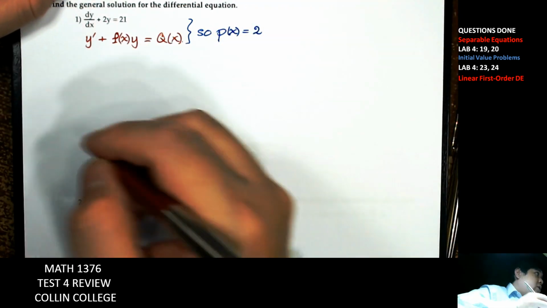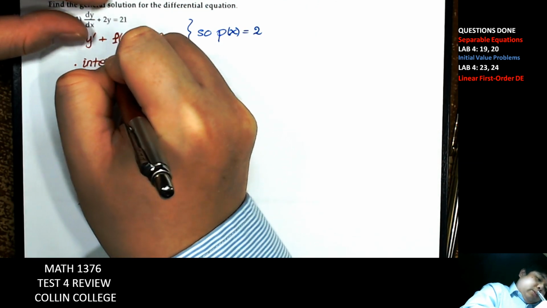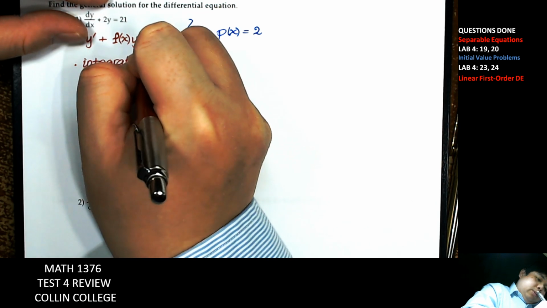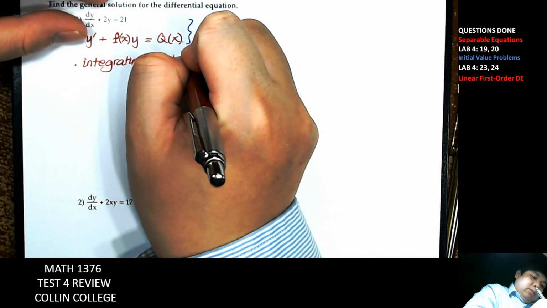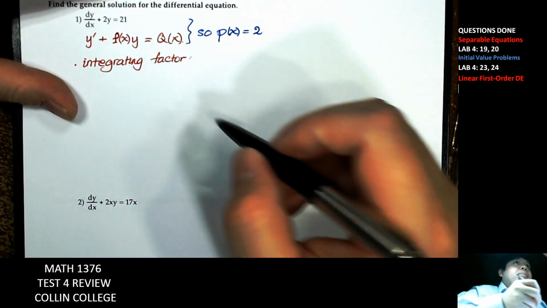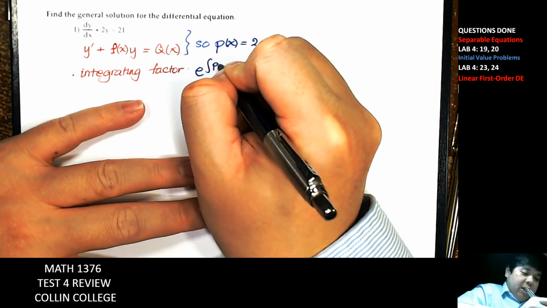The next part is the integrating factor. Our integrating factor is e to the integral of p of x dx.